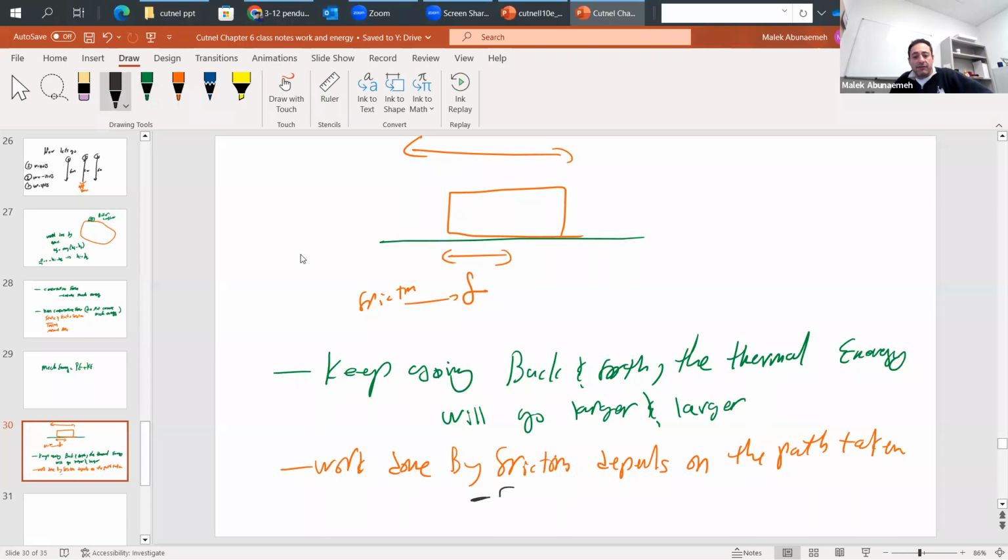So friction is not a conservative force. You're not going to conserve the energy. The energy is going to be wasted as heat.